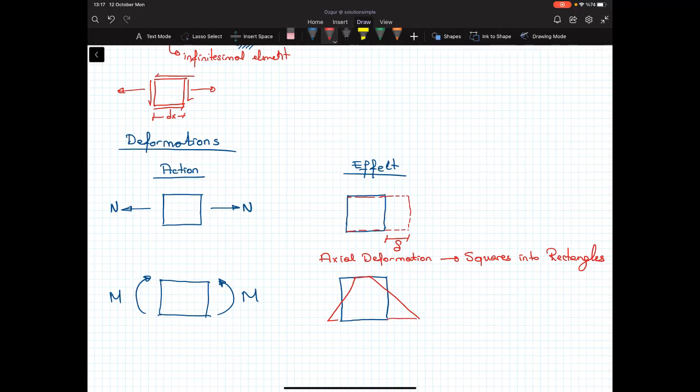Because this moment will try to shorten the top fiber, and it tries to elongate the bottom fiber, and at the end of the day, we have a flexural deformation that converts squares into trapezoids.